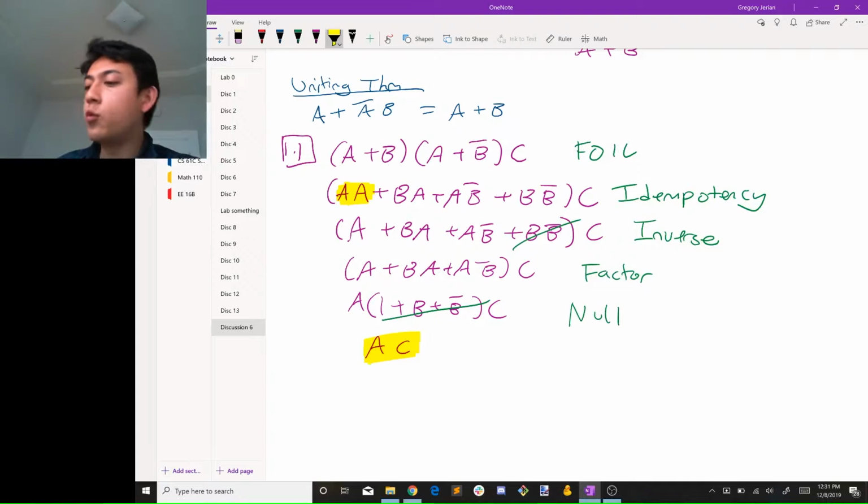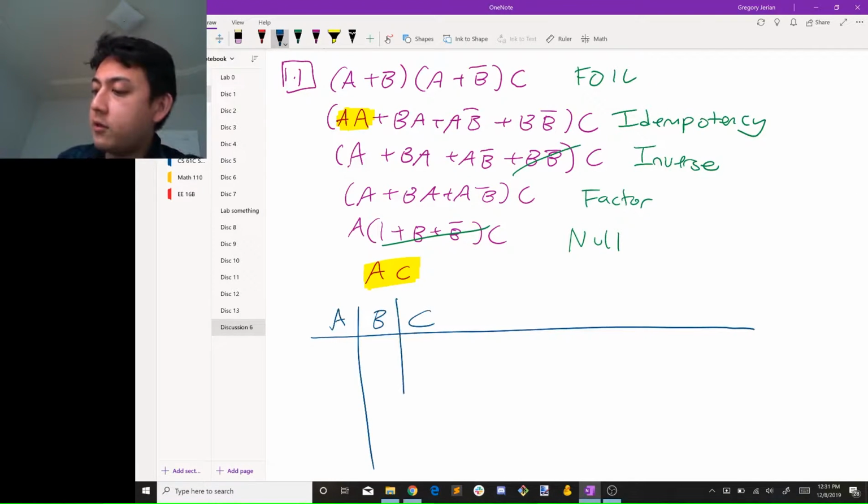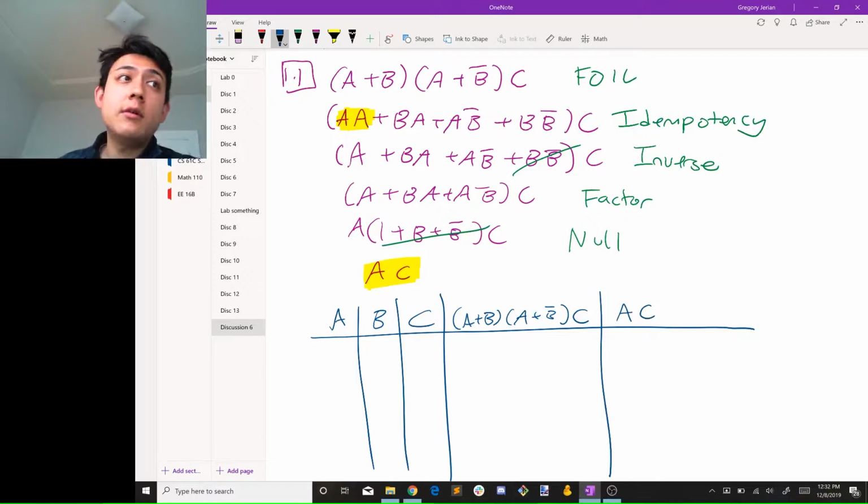Now, if you really want to check that this is the correct answer, you can make a truth table. You can write out every single combination of A, B, and C, and then you can do our initial expression, which is A or B, and A or not B, and C. And you can do our second expression, our simplified one, which was A and C, and compare these.